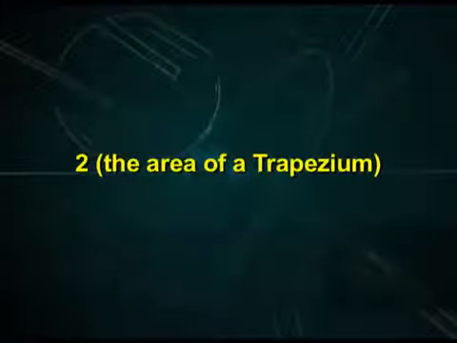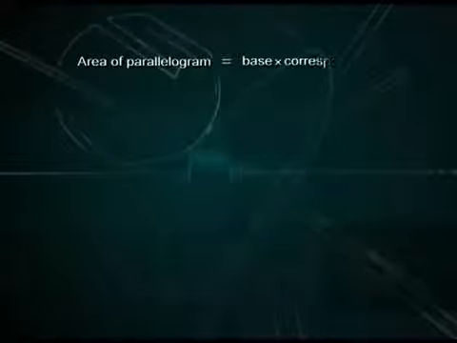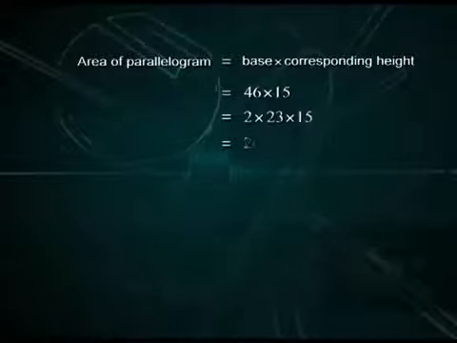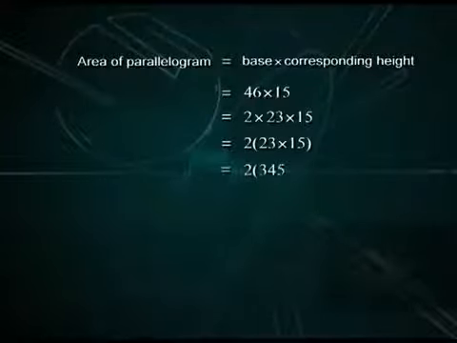Now let us see whether the area of a parallelogram comes out to be twice the area of a trapezium. As you can see, the area of a parallelogram is base into corresponding height. Base is a plus b, which comes out to be 46, and height is 15, and we can see that it comes out to be 2 into 23 into 15, which is twice 345, and we can see that 345 is nothing but the area of a trapezium.